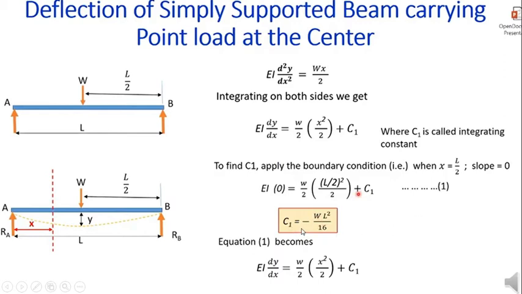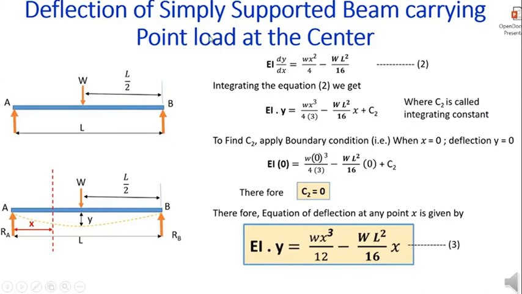So C1 value is equal to minus WL square divided by 16. So equation 1 becomes EI dy by dx is equal to W by 2 x square divided by 2 plus C1, that will change to EI dy by dx equal to Wx square divided by 4 minus WL square divided by 16.